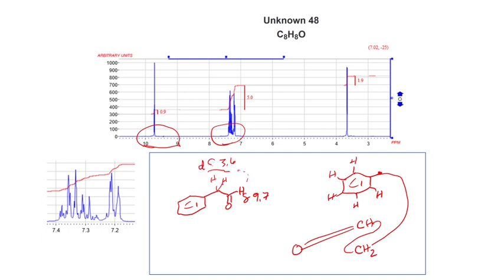That's a doublet at delta 3.3. And this little guy over here, this aldehyde, is actually a triplet, although I can't see that at the resolution that I have this spectrum right now. And then we have these 5 hydrogens in the aromatic, around 7.2 to 7.5. And we just call those a multiplet.